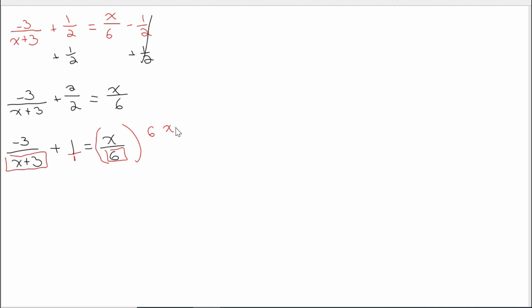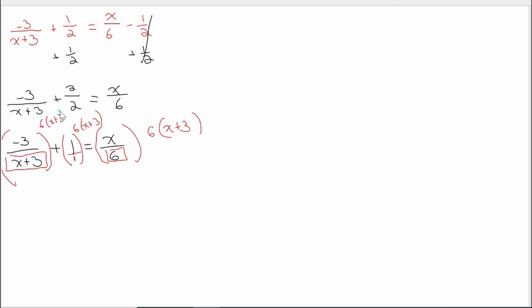So pretty much I just find a common denominator. I just multiply by 6 times x plus 3. And remember, whatever you do to one side, you got to do it to the whole equation. So I got to multiply this by 6 times x plus 3. Then I have to multiply this equation by 6 times x plus 3.